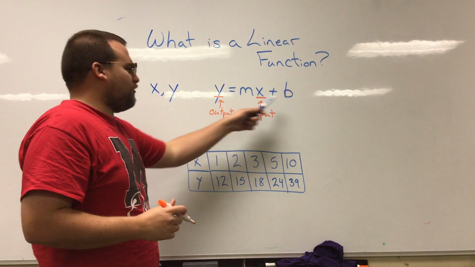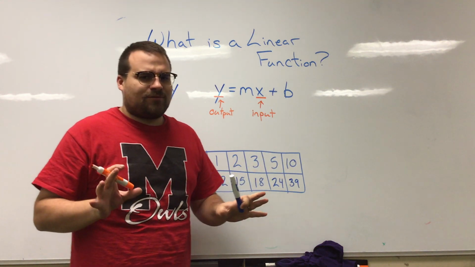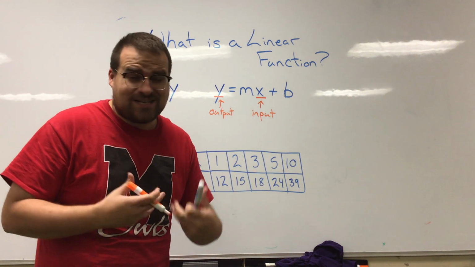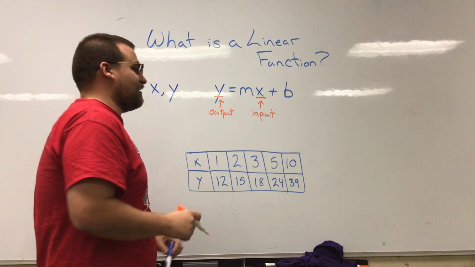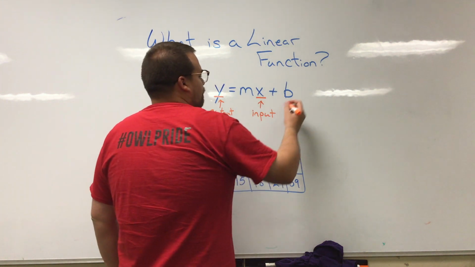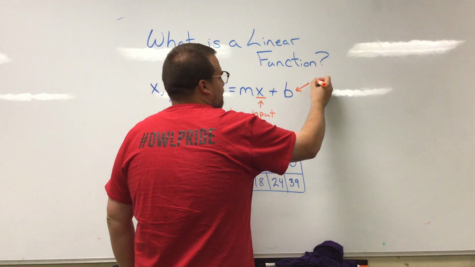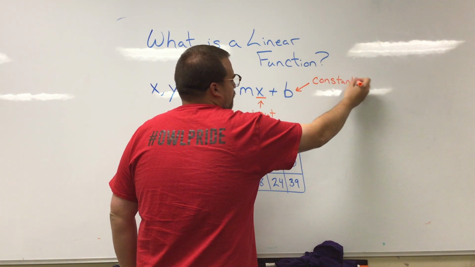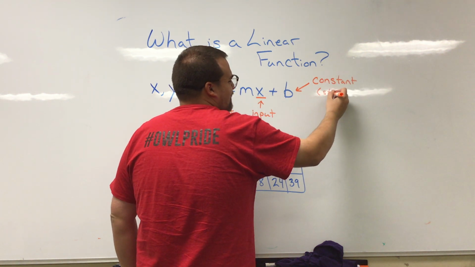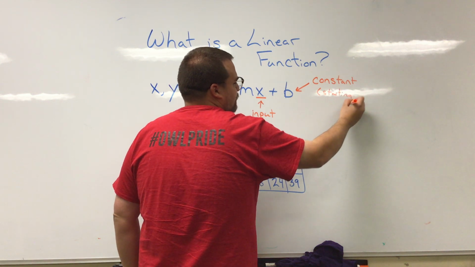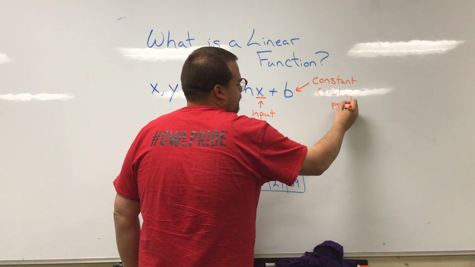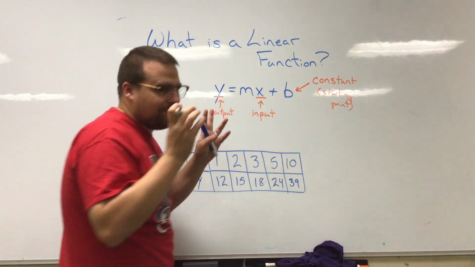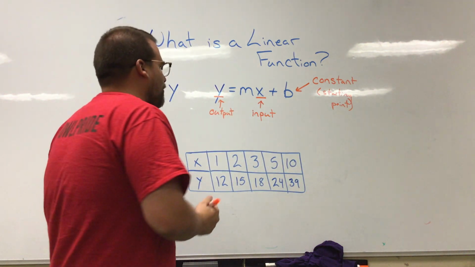Now, we have these other weird variables in there. Again, we're not going to be talking today about exactly what those variables are, but what they mean is this: one is a constant, which you might think of as a starting point. This is where the line begins.